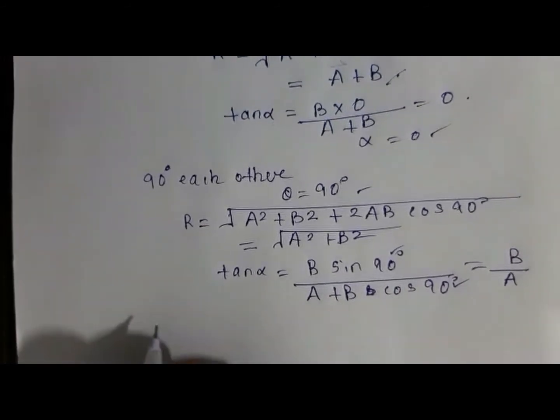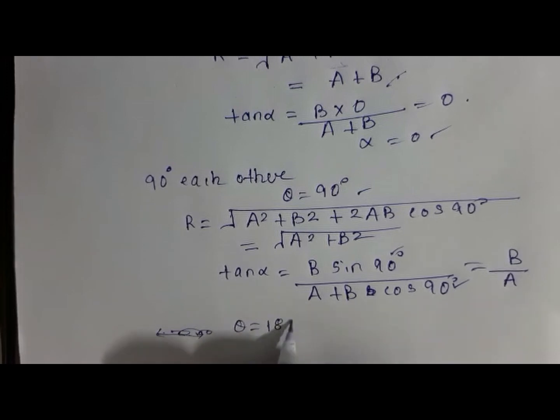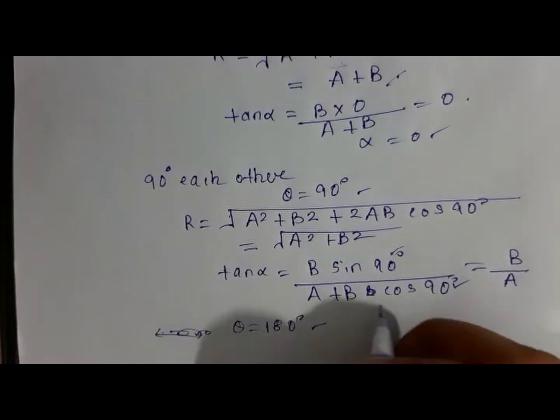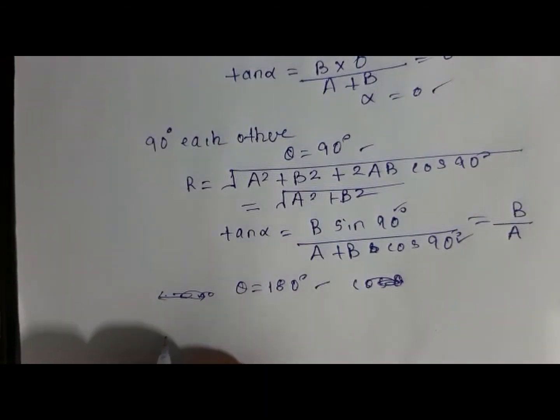Now the last case, two vectors in opposite direction. Opposite direction means if your A vector is in some direction, your B vector is going to be in the other direction. So you can say that theta is equal to 180°.